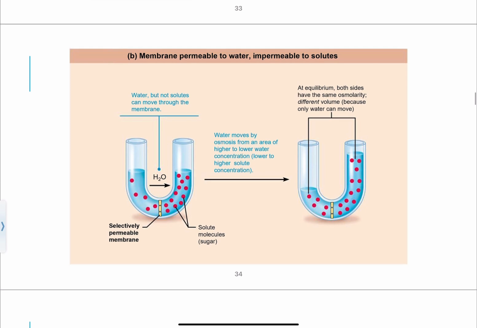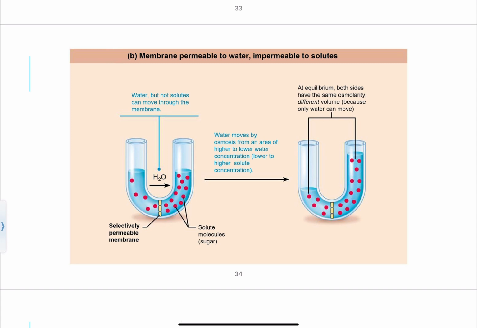However, if we're talking about a selectively permeable membrane, which is basically equivalent to our plasma membrane, and say we have unequal concentrations of solute particles on either side of it, our plasma membrane acts in the same manner. It doesn't allow these solute particles to cross. But water can cross the plasma membrane, either directly through the phospholipid bilayer or through those aquaporins.